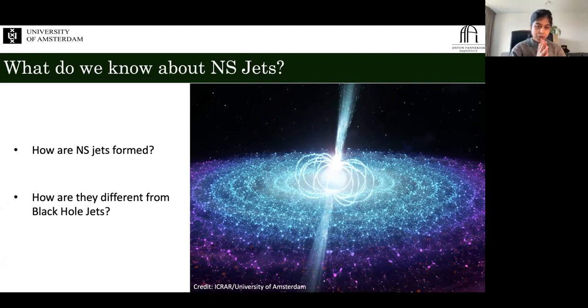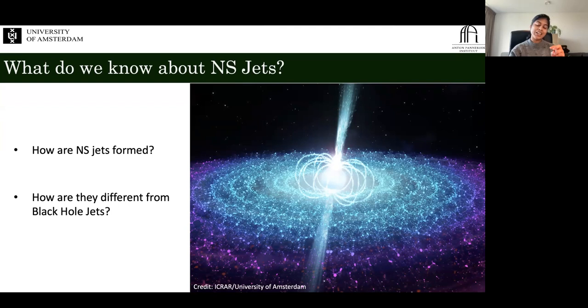Now, one of the main differences between black holes and neutron stars in the context of jet formation is that neutron stars have a solid surface and they have their own magnetic fields anchored to the surface of the star. And in the case of neutron stars, unlike black holes, you can basically measure the spin of the neutron star and also the magnetic field of the neutron star pretty much clearly.